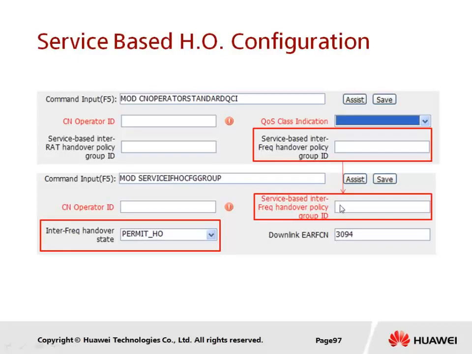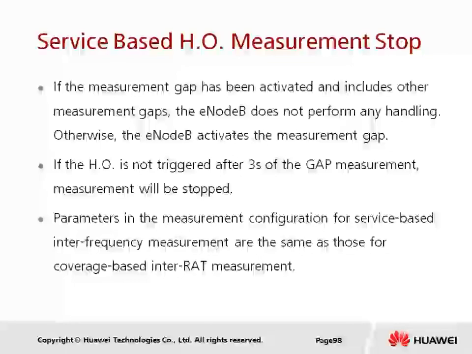With group 1, the policy means that this particular service is allowed to perform handover, permit handover, and the handover is to a specific LTE frequency. So this is the configuration which could be done.